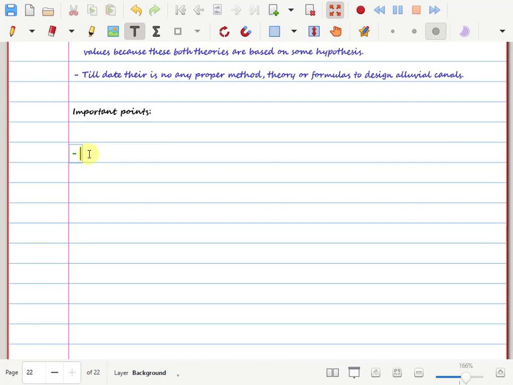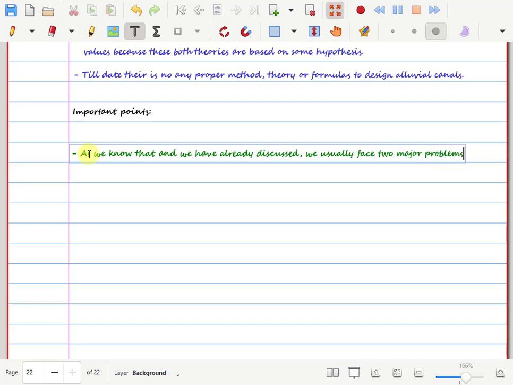Okay, the first point is that, as we know and have already discussed, we usually face two major problems in alluvial canals.